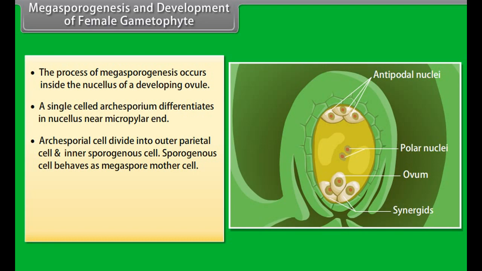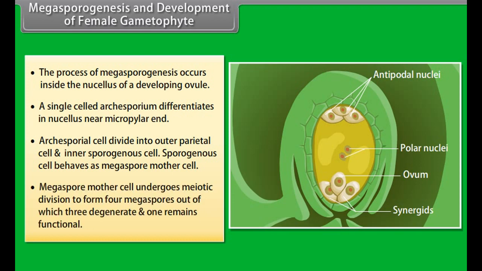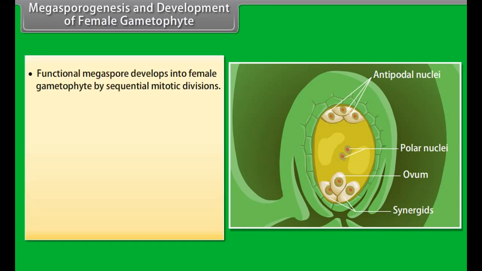Sporogenous cell behaves as megaspore mother cell. Megaspore mother cell undergoes meiotic division to form 4 megaspores, out of which 3 degenerate and 1 remains functional.